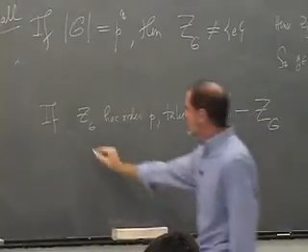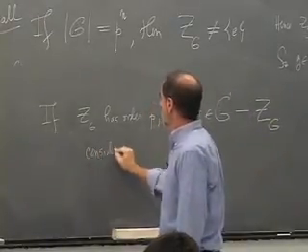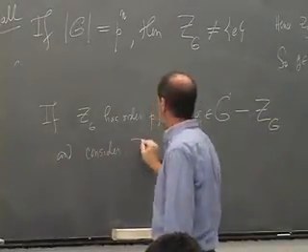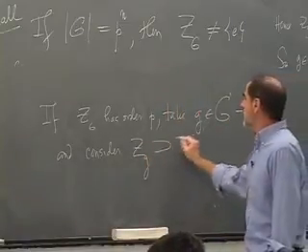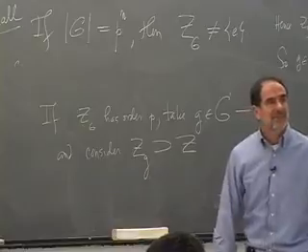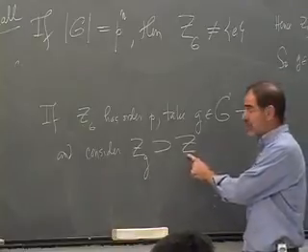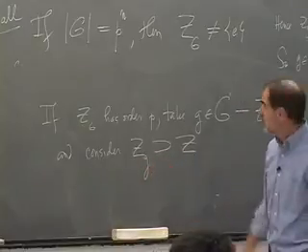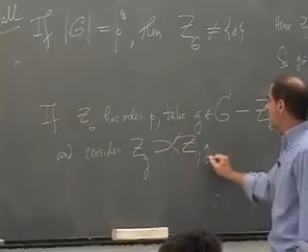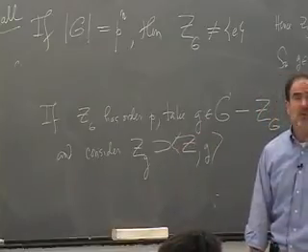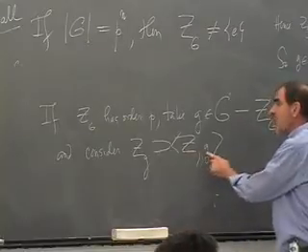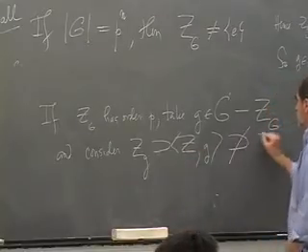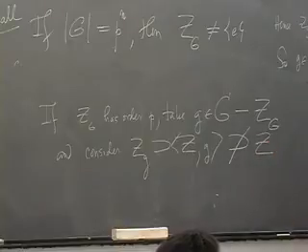And consider the centralizer of the element g. Well, that certainly contains the center. This is the stuff that commutes with everything, so it certainly commutes with g. But it also contains the element g, because g commutes with itself. And this group is strictly larger than the center.